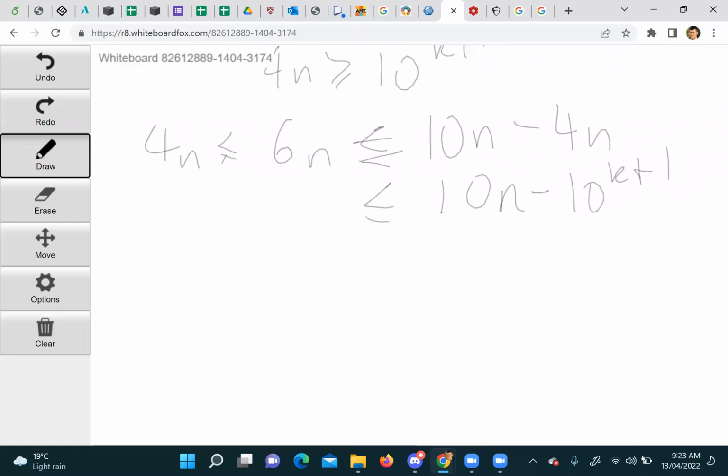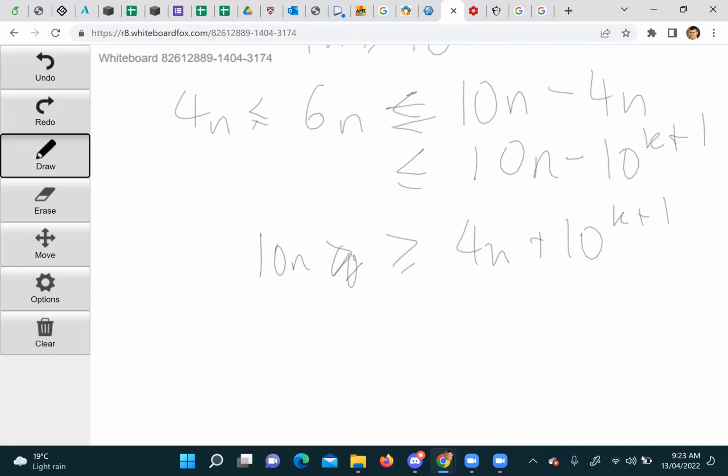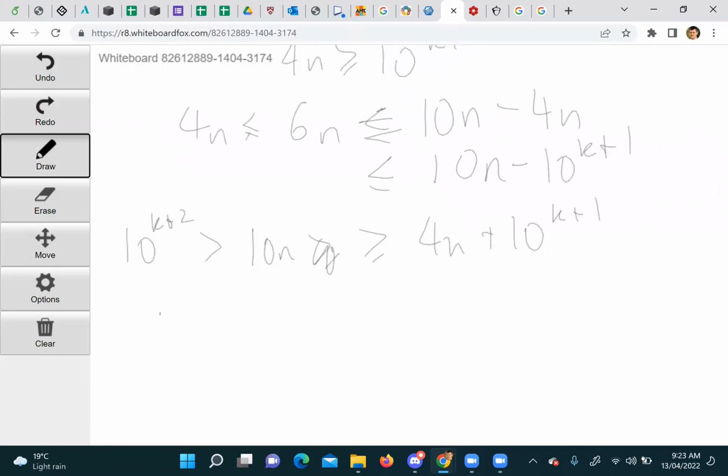Okay, so maybe to phrase it in terms of our lemma. You get 10n is greater than or equal to 4n plus 10 to the k plus 1, and is less than 10 to the k plus 2, yeah? So by lemma 1, 10n is greater than 4n.